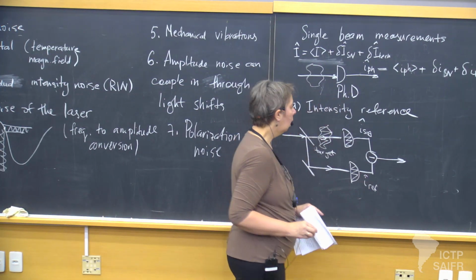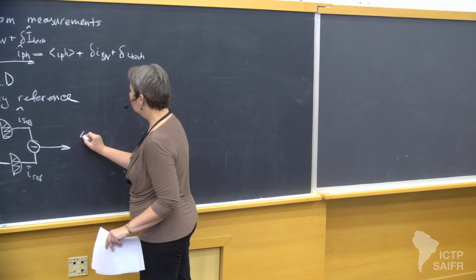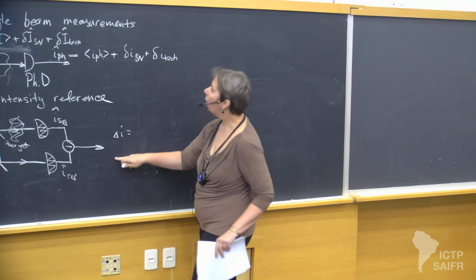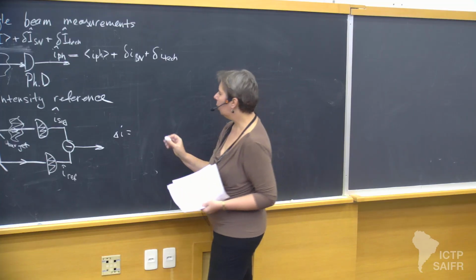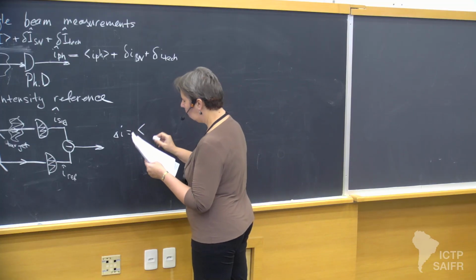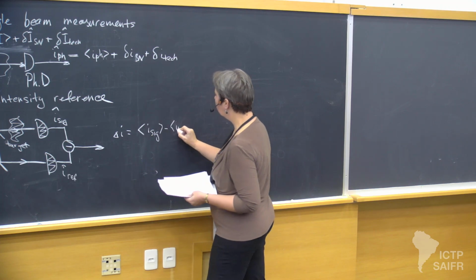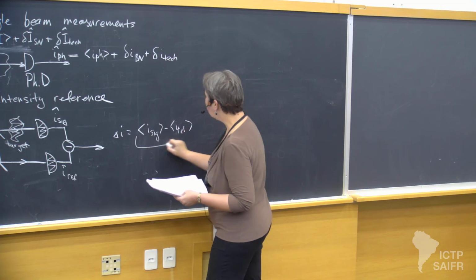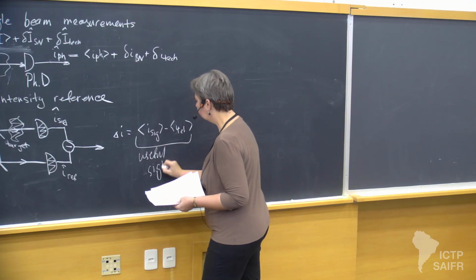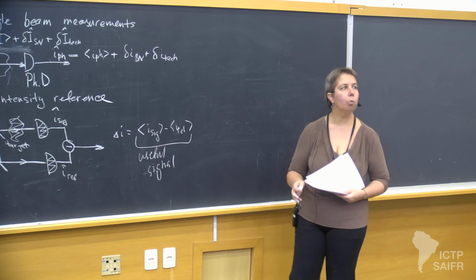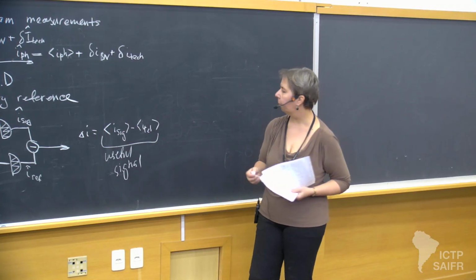So if we look at the differential signal, delta I, we subtract the averages, and that will be the signal we want to know. We will have the average in the signal channel minus the average in the reference channel. That's our useful signal. For example, it will tell us which small percentage of our signal field was absorbed.